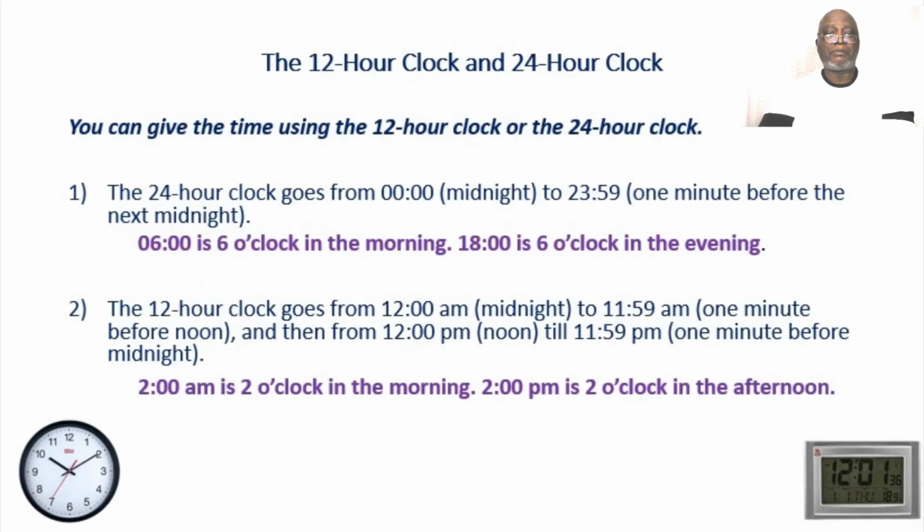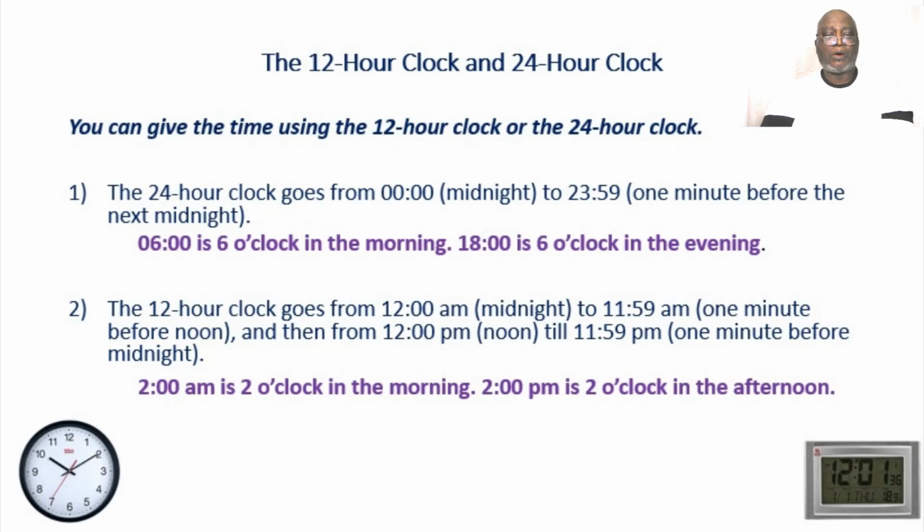You can give time using the 12-hour clock or the 24-hour clock. The 24-hour clock goes from 0000 hours, that is midnight, to 23:59, 1 minute before the next midnight. 0600 is 6 o'clock in the morning, and 1800 is 6 o'clock in the evening.